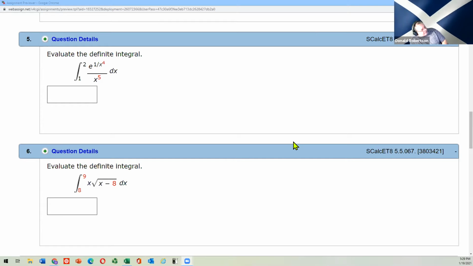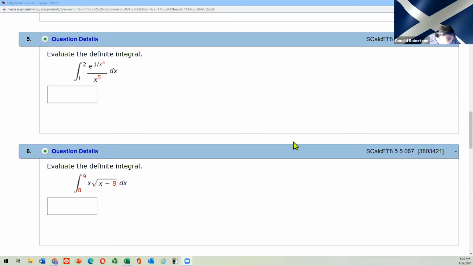So there's 2 correct answers there, which is very, very rare. u equals 1 over x to the 4 would be the standard answer, and that's perfectly fine. That's a good answer. That u-sub will work. But u equals e to the 1 over x to the 4, that also works. And the reason why that works is it's a very messy chain rule, but it works. So I like that one.